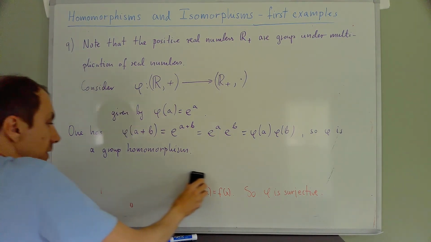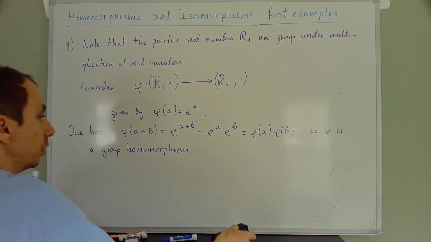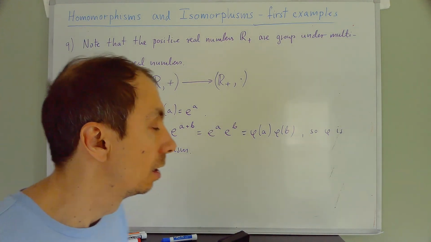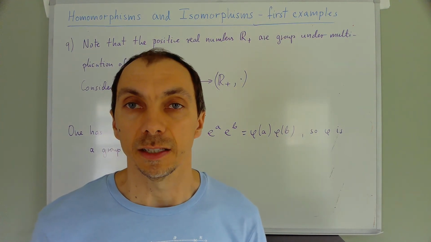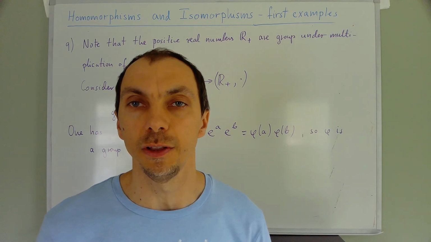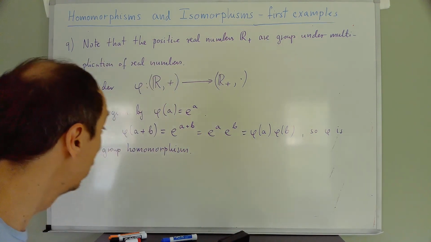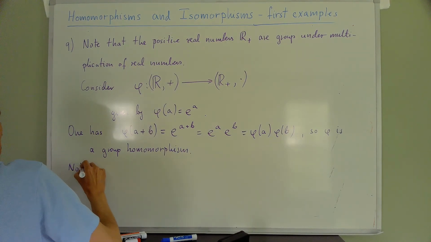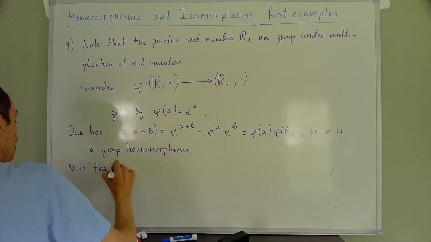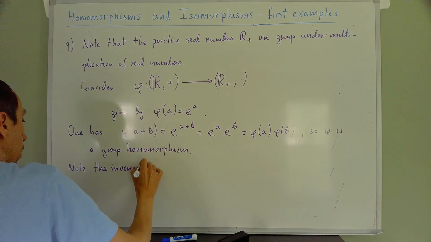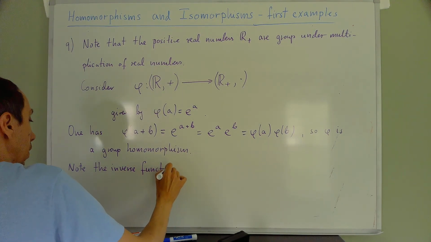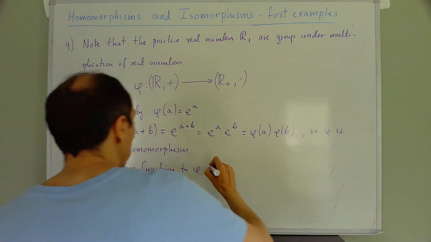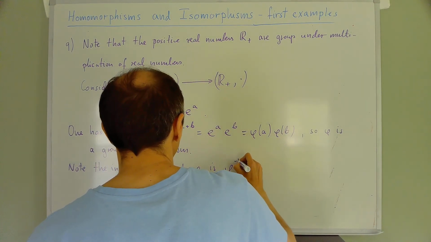Is it an isomorphism? So is it a bijection? Yes, it is a bijection, and you even know the inverse function to it. Note the inverse function to phi is phi inverse.